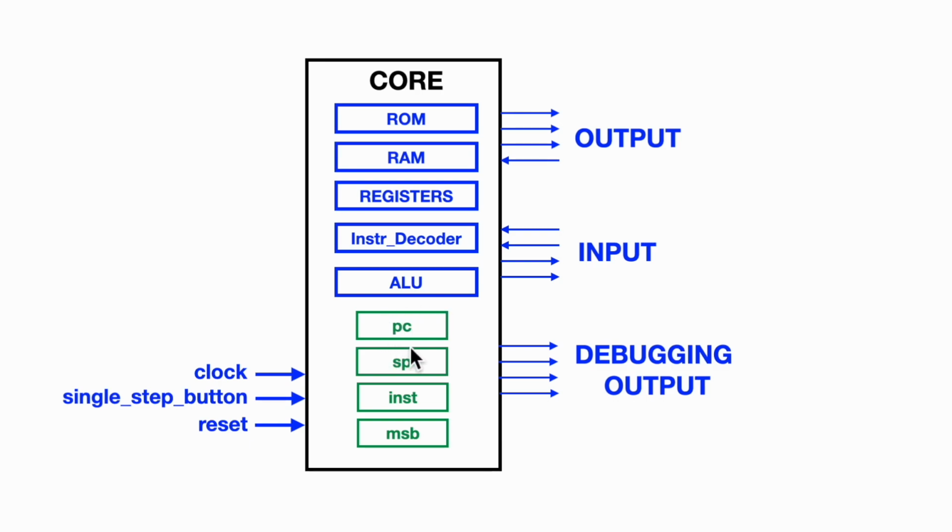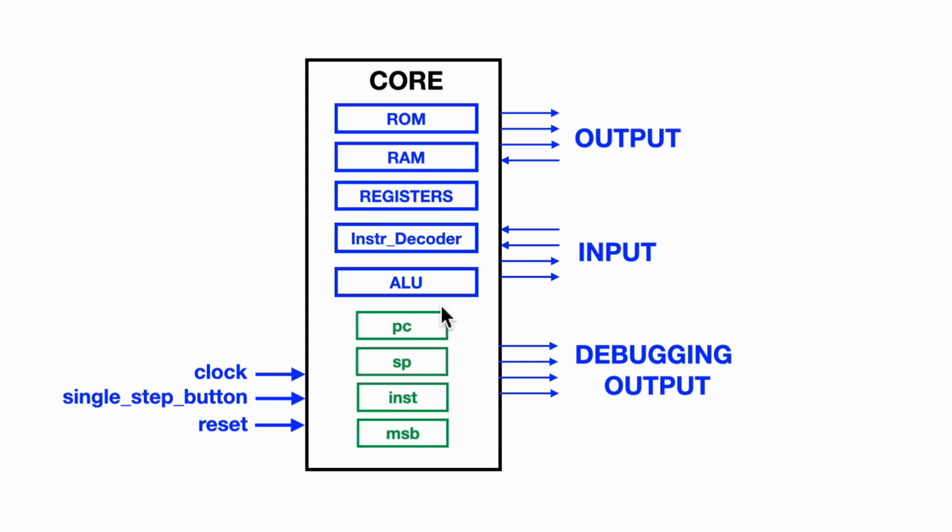So the program counter is the 16-bit register that tells which instruction we want to execute next. So it will always be pointing at some location in the ROM, and that's where we will be fetching the next instruction from. The stack pointer is also 16 bits, and we'll use that, of course, when we execute the push and pop instructions.